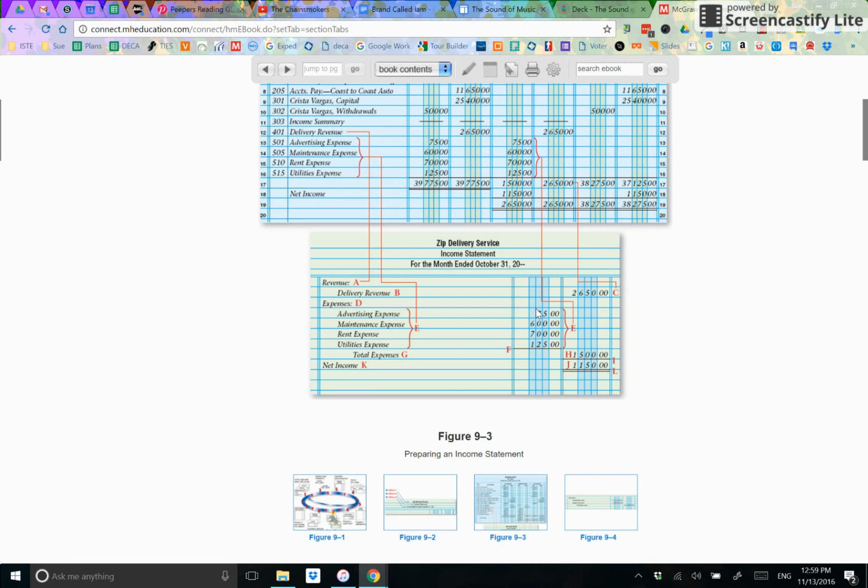I would actually do the formula so that I'm sure that I don't have a typo anywhere. I'm then going to write net income on the far left, and I'm going to come over here and do a new formula of revenue minus expenses. Obviously, this number right here should match up with this number right here. And then we have our double line saying nothing's going to come below that.